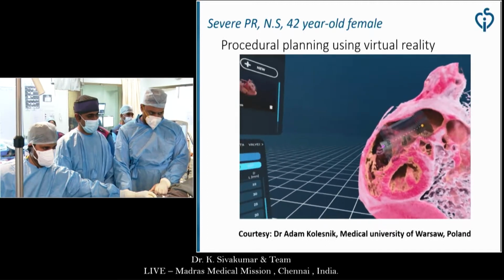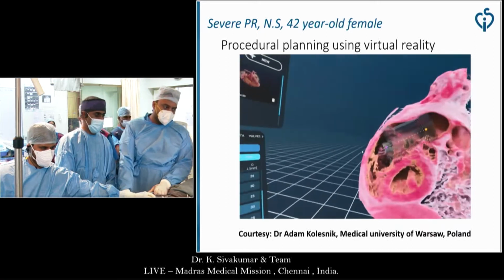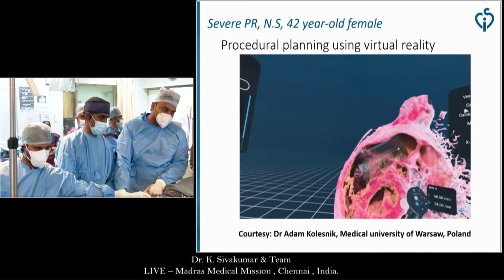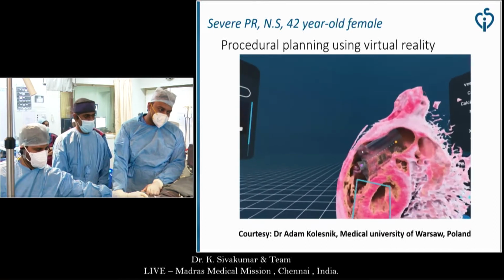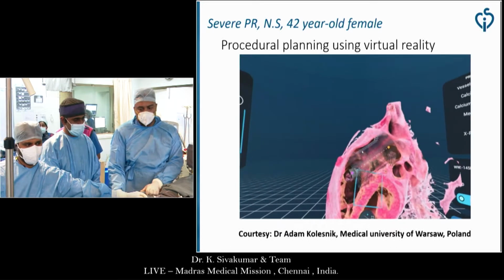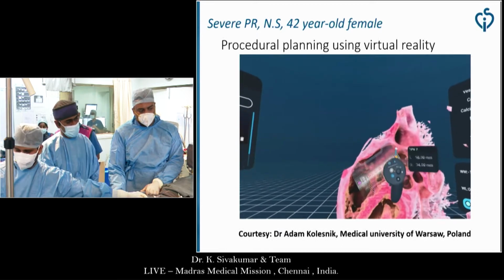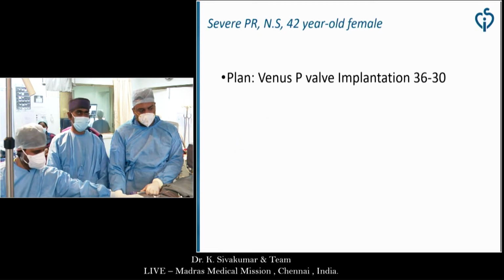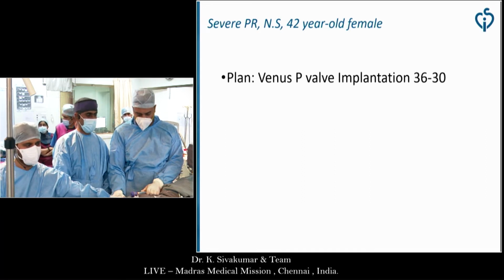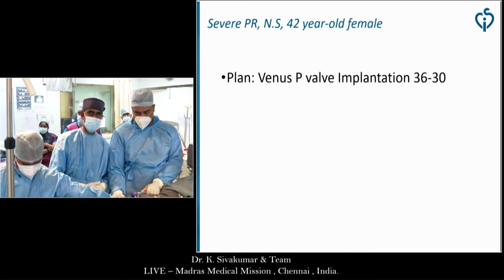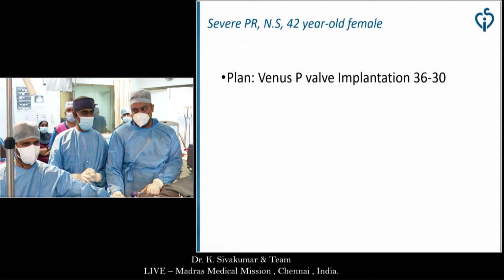If you look at that, there is some gap between the valve and the RVOT. What we had planned earlier was 36 in order to get a good approximation of the valve against the outflow tract, while Adam's prediction was 34. We were pretty close, just a matter of a couple of millimeters.